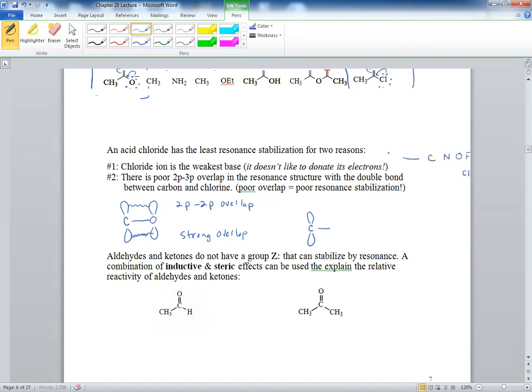Remember, this is 2p. For chlorine, where you have sulfur, P, Si, this is 3p.